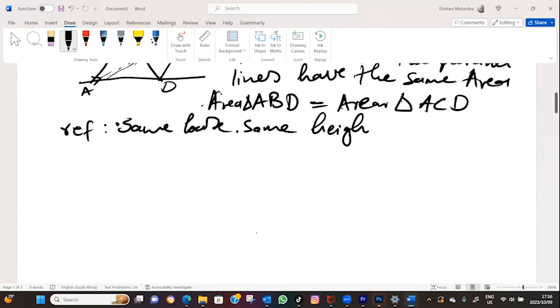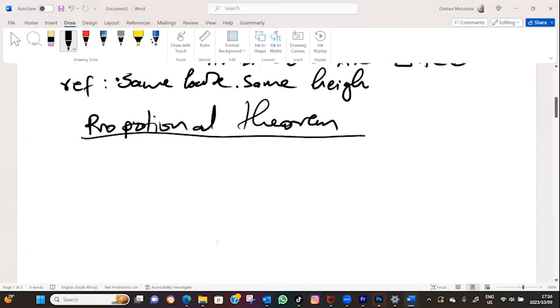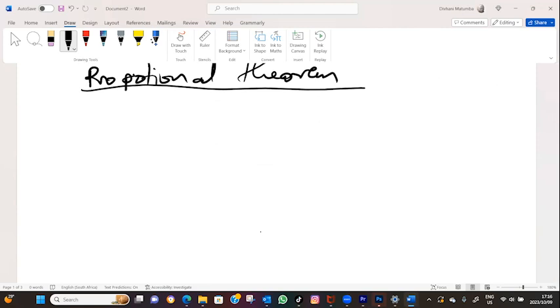Now, we're going to move into the so-called proportional theorem. Also, we are talking about triangles. This is a theory on triangles.